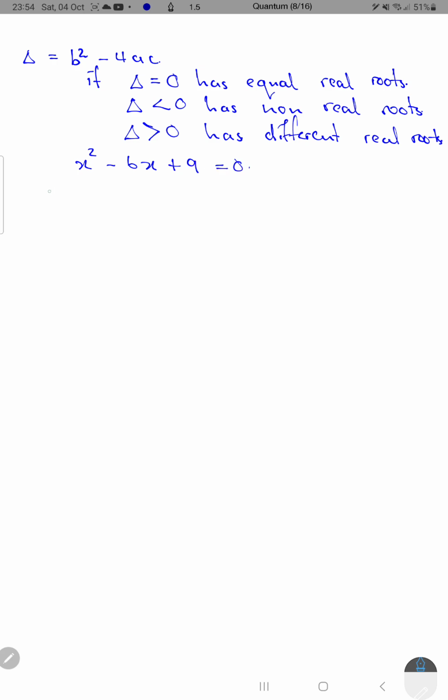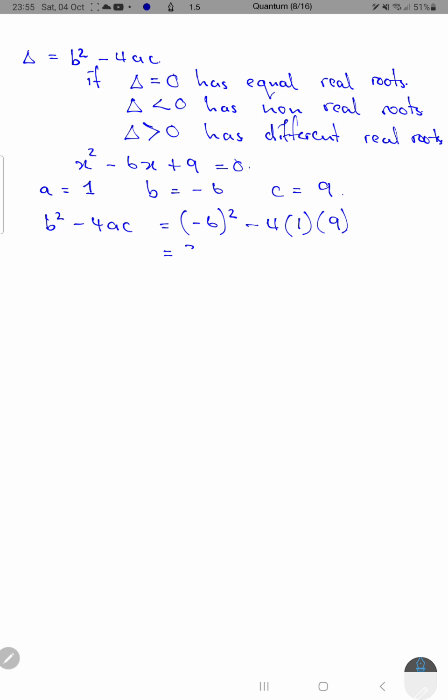Now here our a is 1, our b is minus 6, our c is 9. So b squared minus 4ac is (negative 6) squared minus 4 multiplied by 1 multiplied by 9.